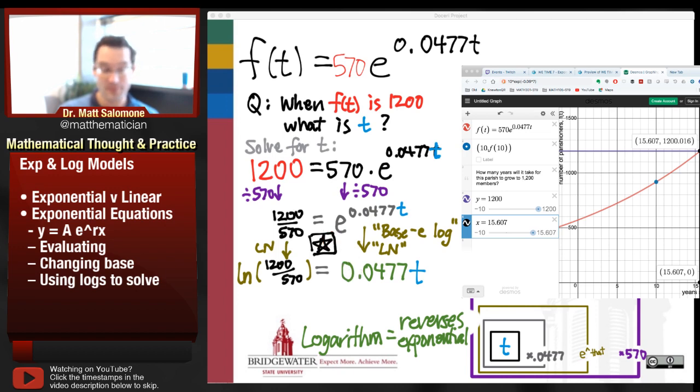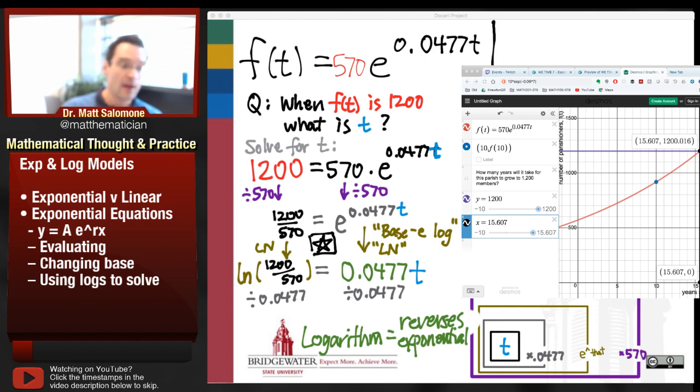And in particular, what that tells me is that I know now what the last step in my solution is. I need to undo this last layer of wrapping paper, which is multiplication by 0.0477, by dividing by 0.0477. And at the end of the day, I'm going to go to the upper right-hand corner of the screen.